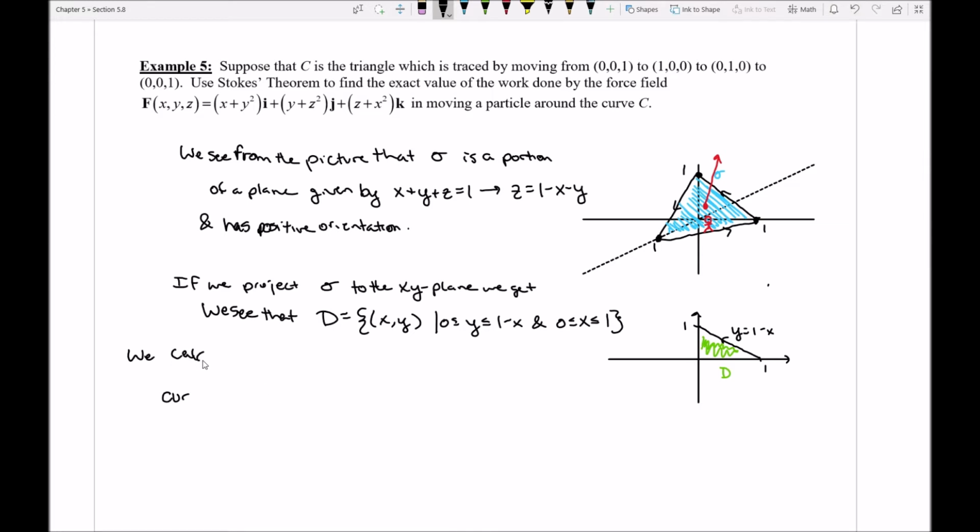I'll say that we calculate our curl of f, which is going to equal partial with respect to x, y, z of, and this is going to be of x plus y squared, with i, j, and k. Okay, so if I set this up, let's see what we come up with.